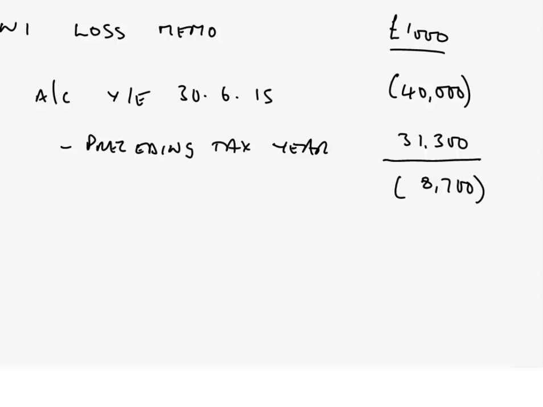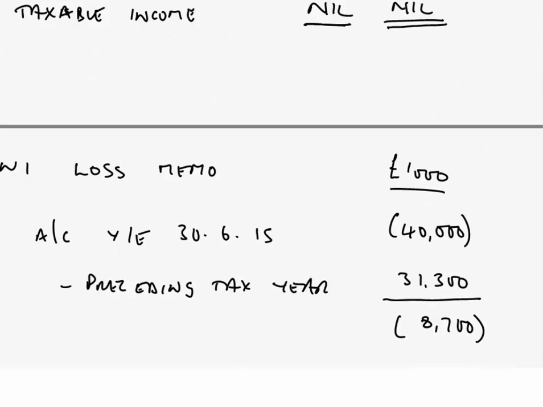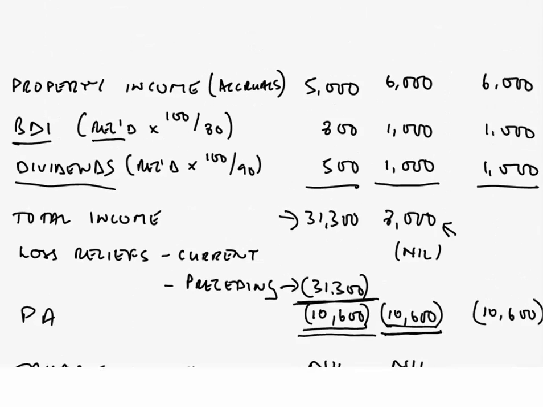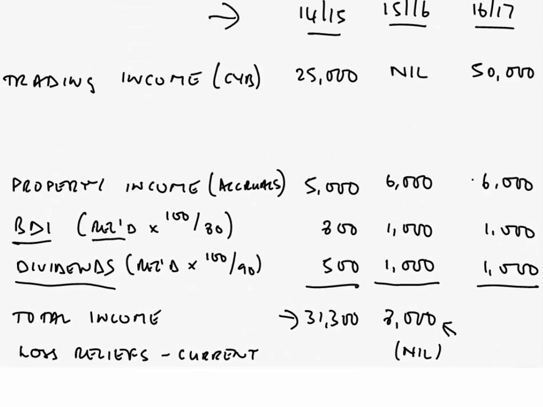£8,700. Now, what is the only use then of that £8,700? That is to carry it forward. And when we carry it forward, what is it carried forward against? Only one thing, and that is future trading income of the same trade. So we carry forward from 15/16 into 16/17. Remember, I told you, after trading income, the first figure to go in, leave a few lines, and this is the reason why.